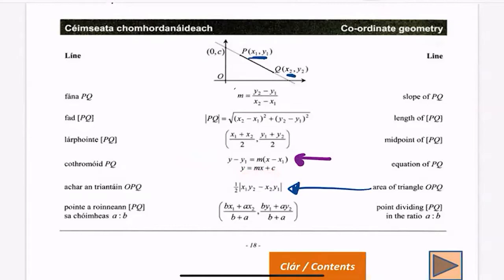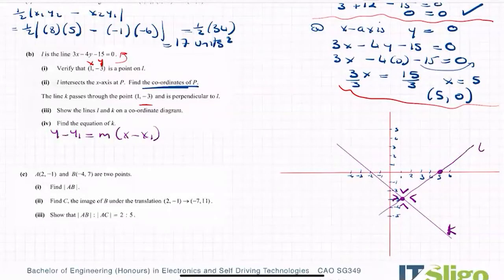This one is for when we're given an equation and need to get the slope from it. To use this equation, I need a point on the line (x1, y1) and I need a slope m. I have a point on the line, they've given me (1, -3), so that's my (x1, y1), and I need the slope.